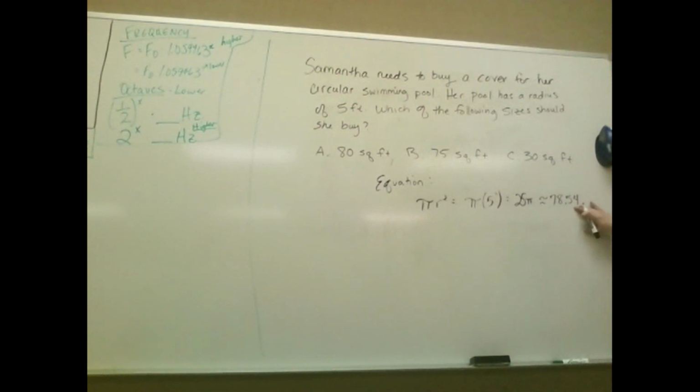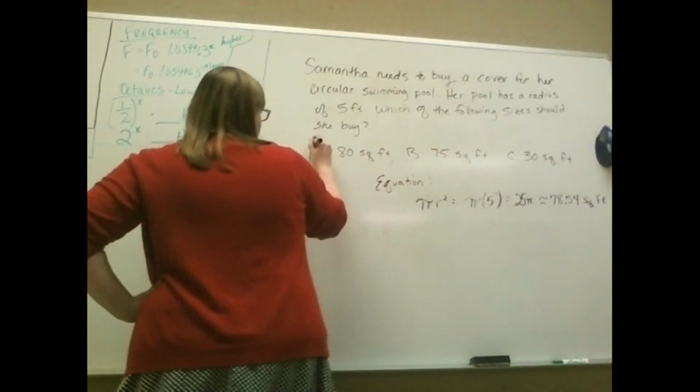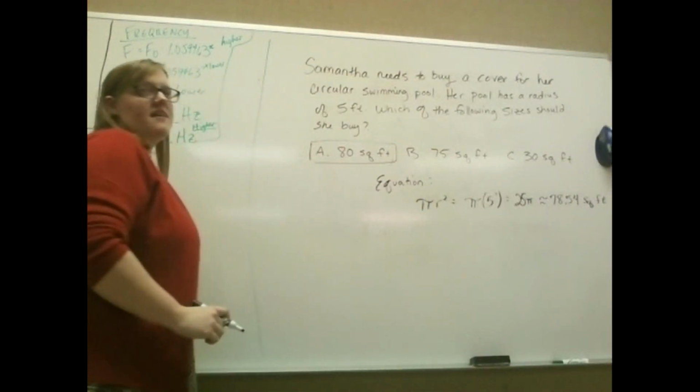So that's the area that she needs to cover, 78.54 square feet. So the only cover that will fit over it is the 80 square foot one. So it's going to be A.